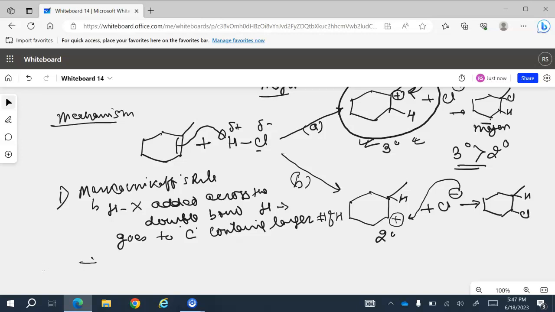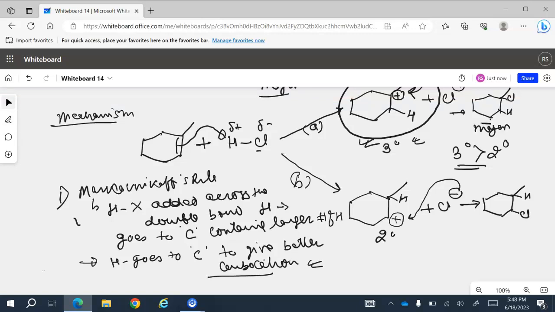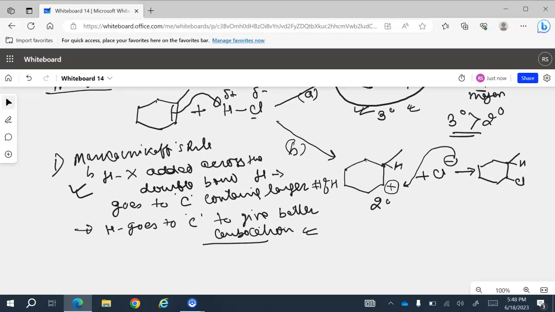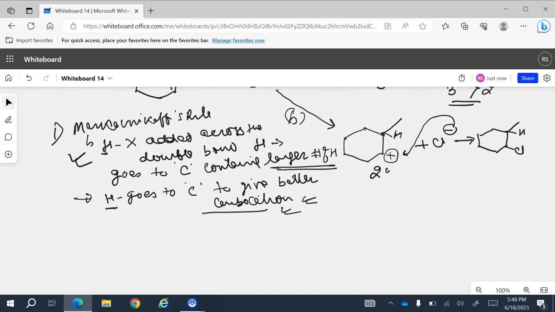In other words, hydrogen goes to the carbon to give the better carbocation. So both could be the statement for the Markovnikov rule. Hydrogen goes to the carbon with the larger number of hydrogen, or hydrogen goes to the carbon to result in the formation of the better carbocation.